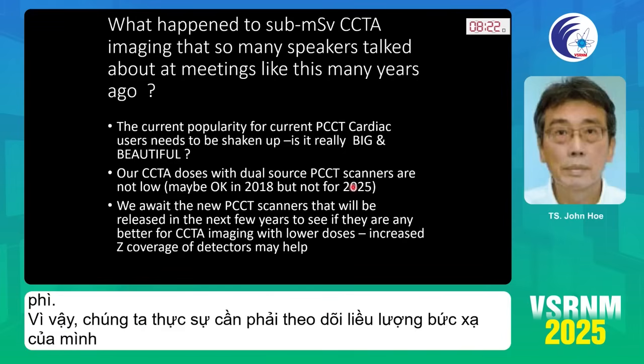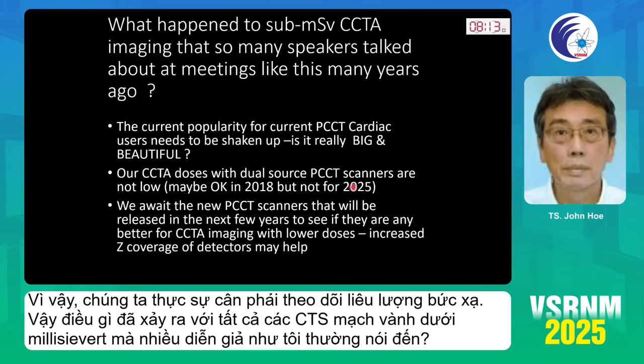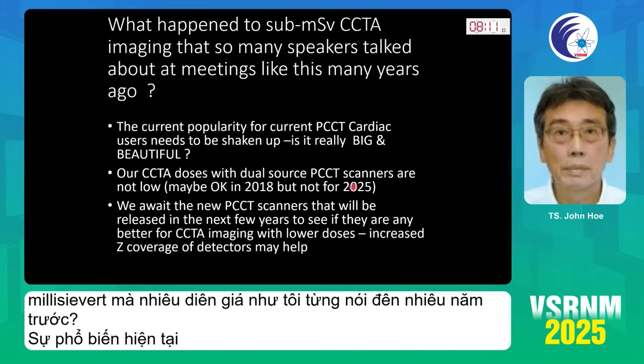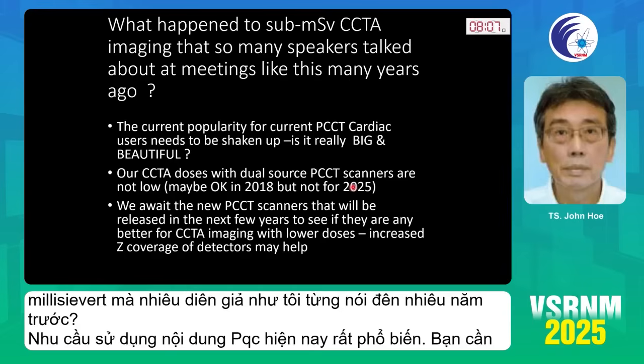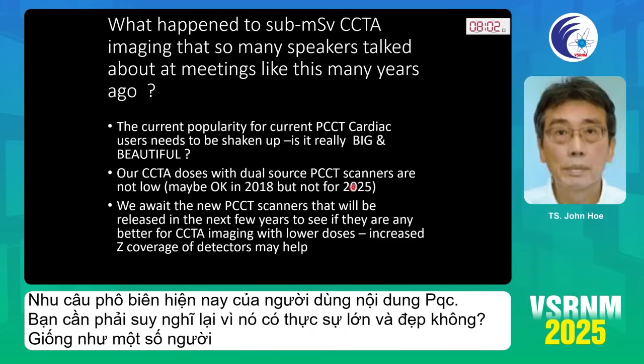So what happened to all the sub-millisievert coronary CTs that many speakers like myself used to talk about years ago? With the current popularity of PCCT for cardiac use, you need to think again. Because is it really big and beautiful like some people say? The pictures are definitely beautiful, but the dose is also big.